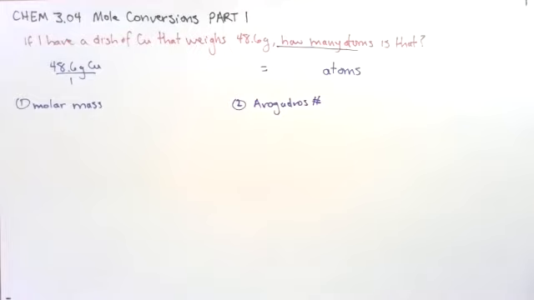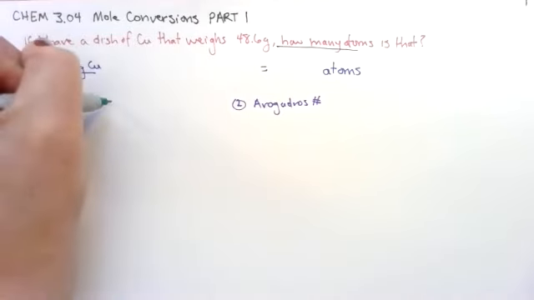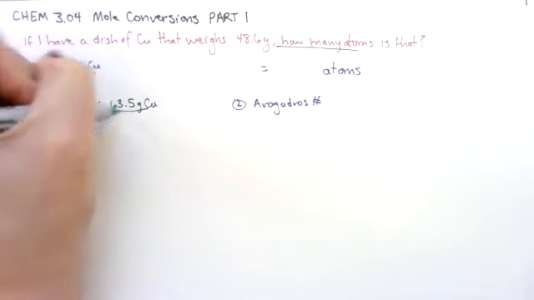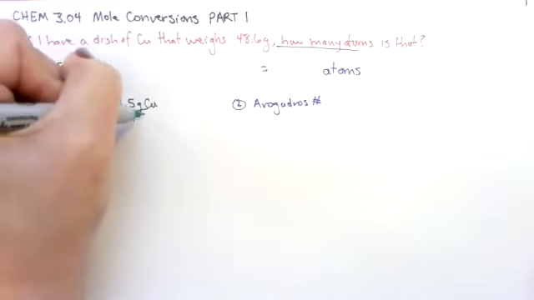The molar mass of copper we get off the periodic table. The atomic mass there is 63.5 atomic mass units. When I write it as molar mass, I'm going to put 63.5 grams of copper in 1 mole of copper.